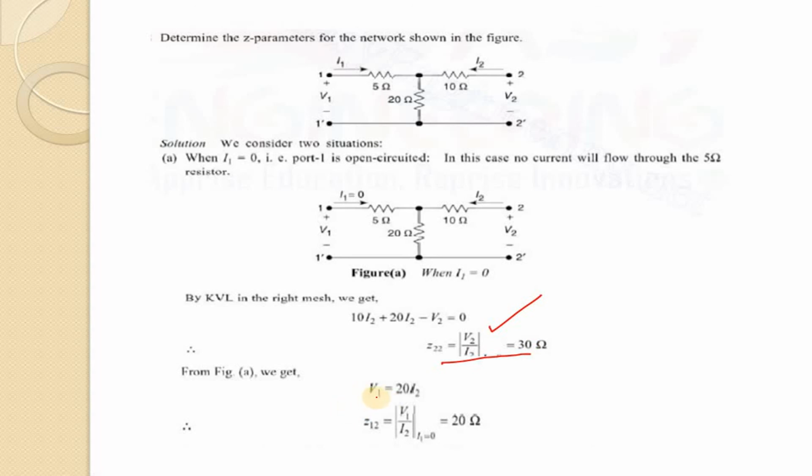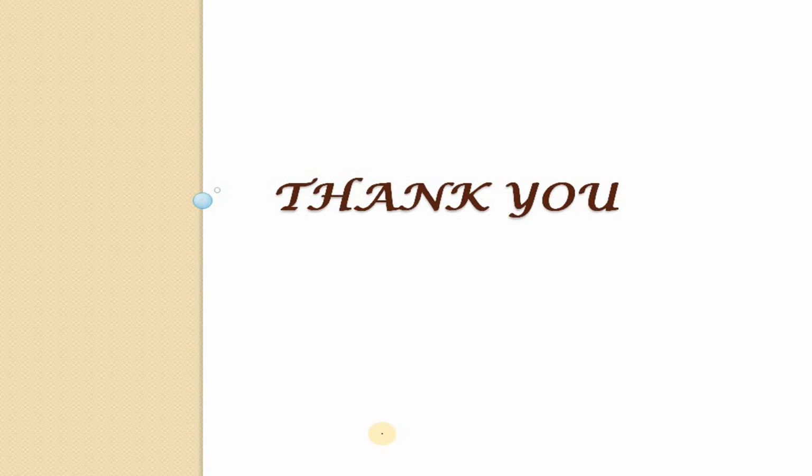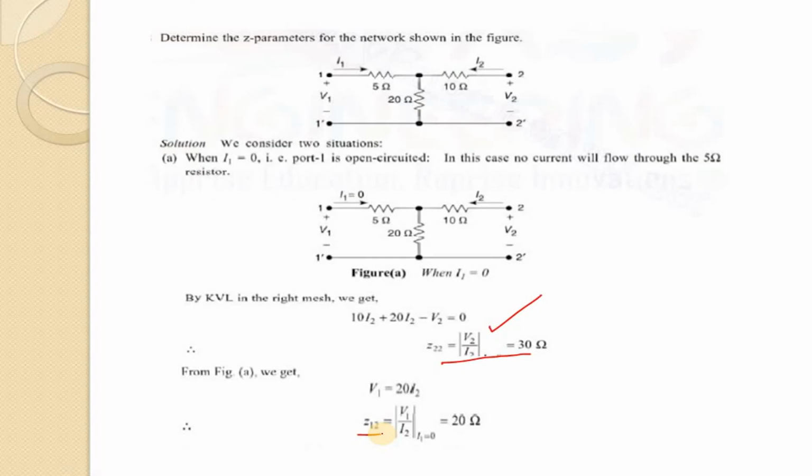Similarly, we get the Z12 value when I1 equals 0, and we are getting V1 by I2 equals 20 ohm. In that way, we can determine the Z or open circuit parameters.